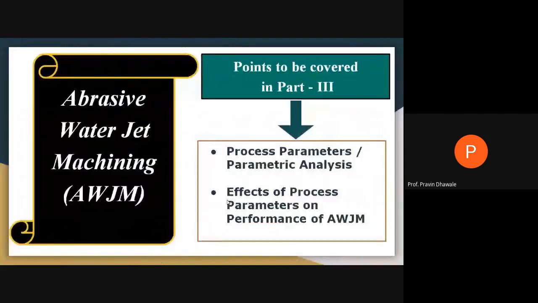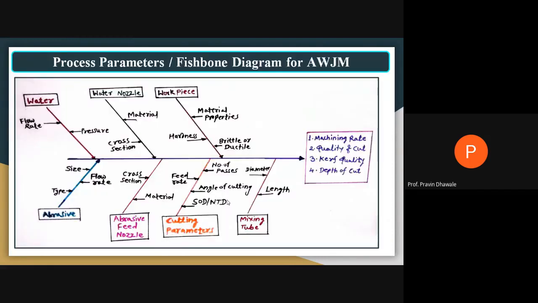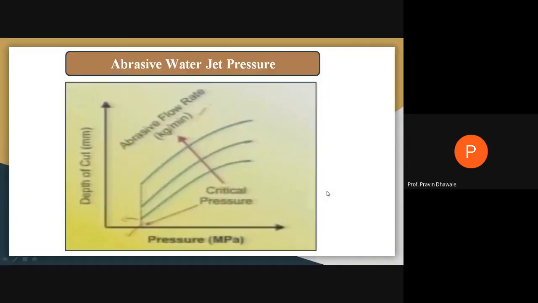In this lecture, we covered the different process parameters, and we carry out parametric analysis in the case of water jet machining by using the fishbone diagram, also called a cause and effect diagram. All these input parameters have a certain effect on the output parameters.